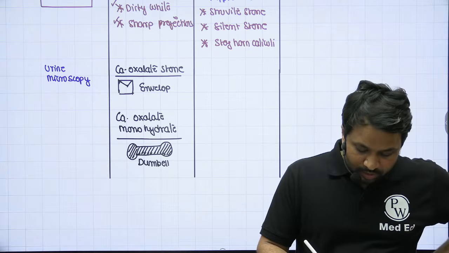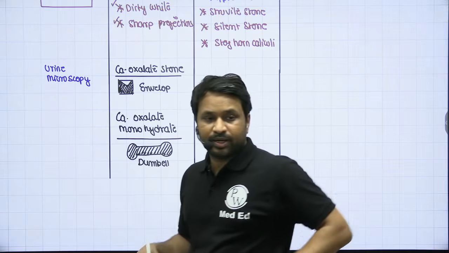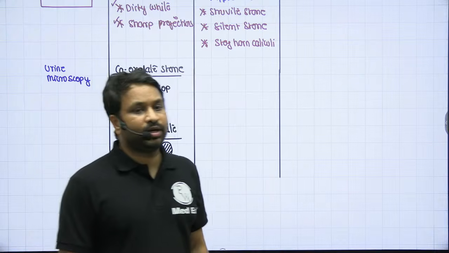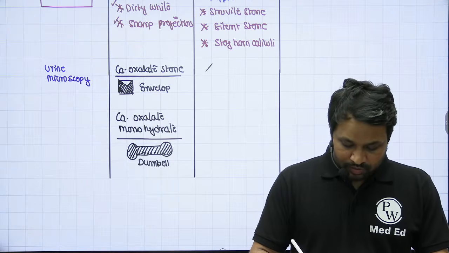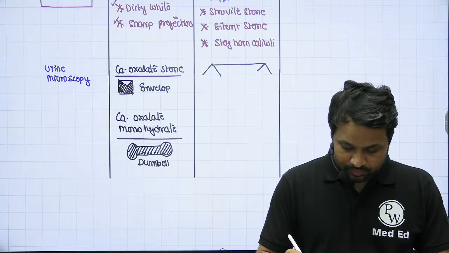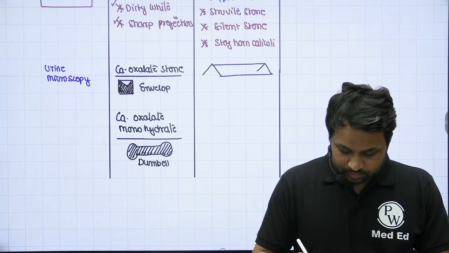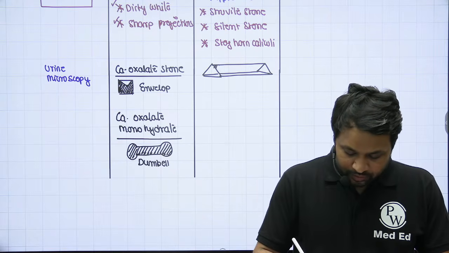So calcium oxalate will be an envelope shaped crystal, and the monohydrates are going to be dumbbell shaped crystals. Phosphate stones will have a crystal image which is going to be like this. This is what we call the coffin lid.